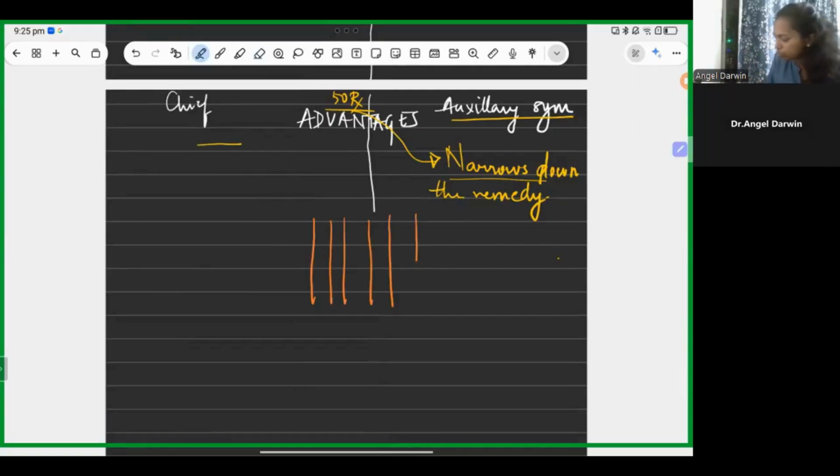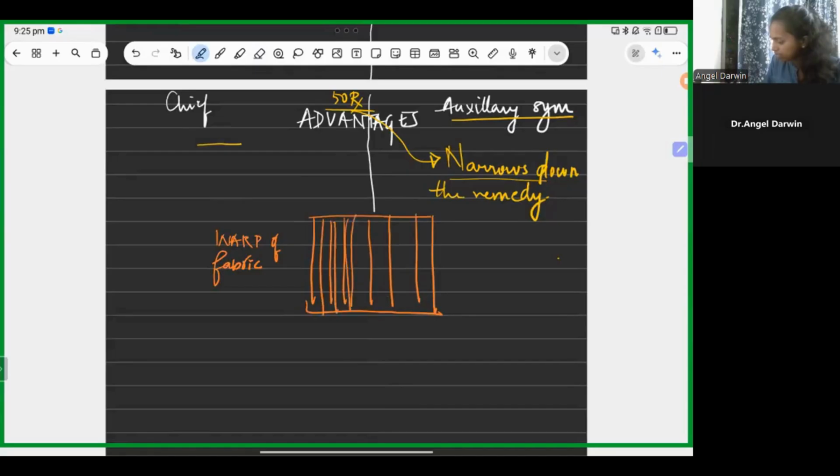Assume this to be the warp of the fabric. The basic threading which is done, like the entire fabric. This is the stitching which is done with the threads. So this is the base of the fabric. This is called the warp of the fabric.